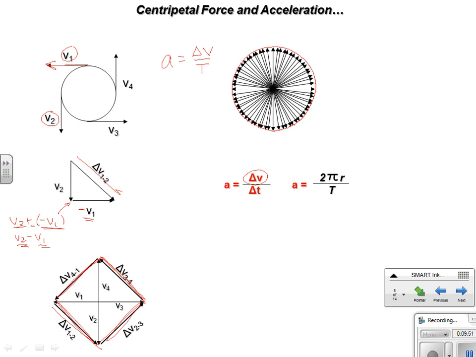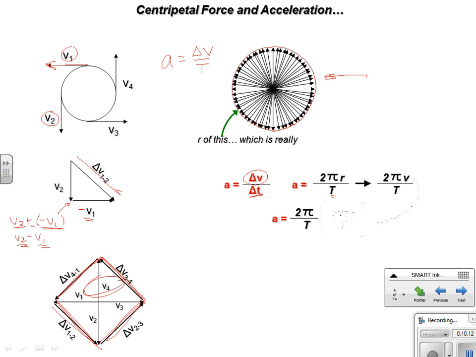And the total delta t is what we call the period. But here's the real tricky part. The radius of this circle is made of these velocity vectors. So it's really 2 pi times v over the period.